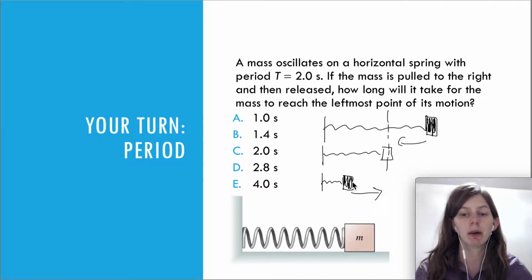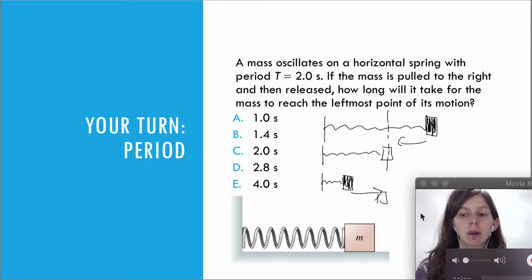If we can figure out how much of a cycle this is, we can relate it to the period. A complete cycle for this mass would be to go all the way to the left and then go back to the right.